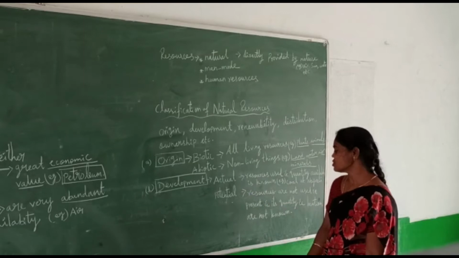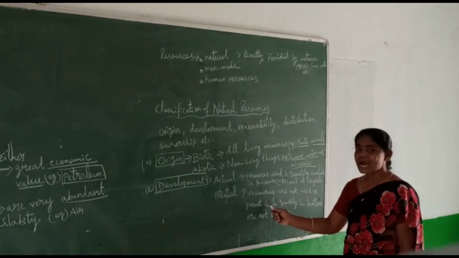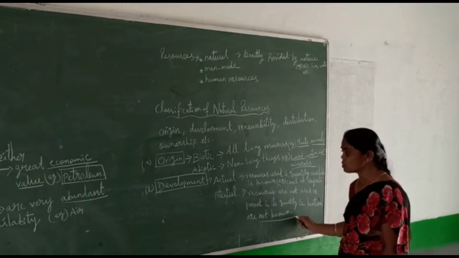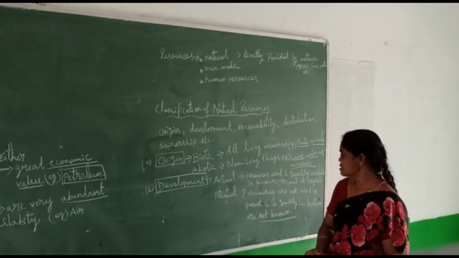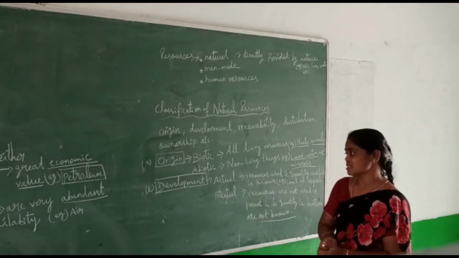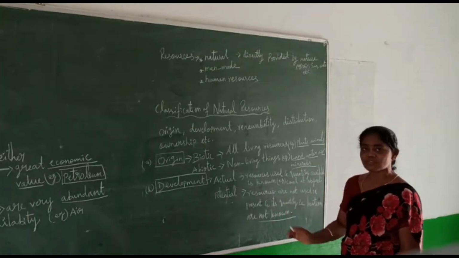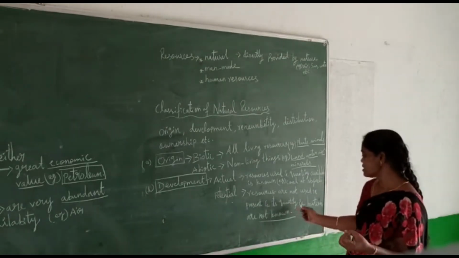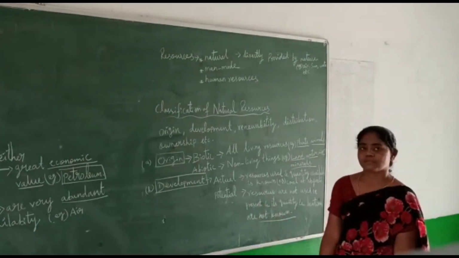Potential resources are not used at present and their quantity and location are not known. Actual and potential. Actual resources are used at present and quantity available is known, whereas potential resources are not used at present and their quantity, location are not known.